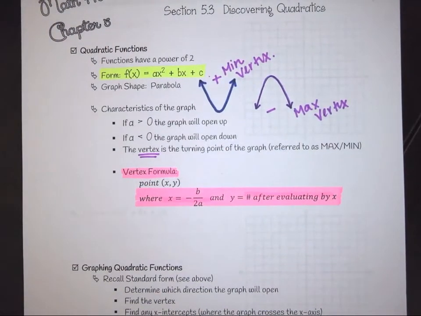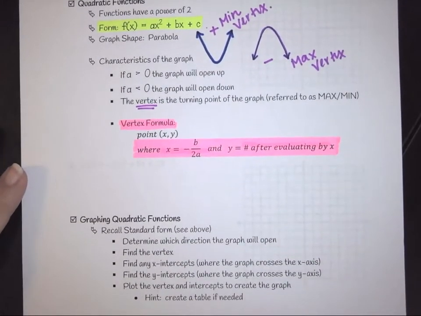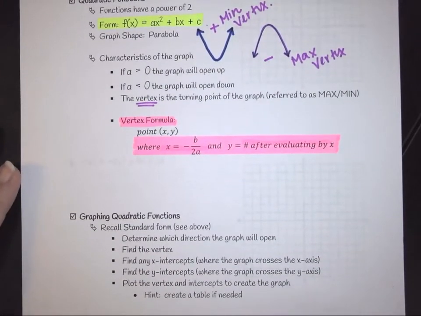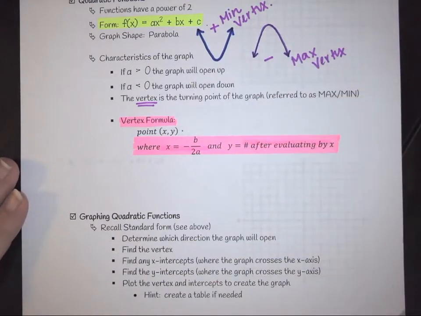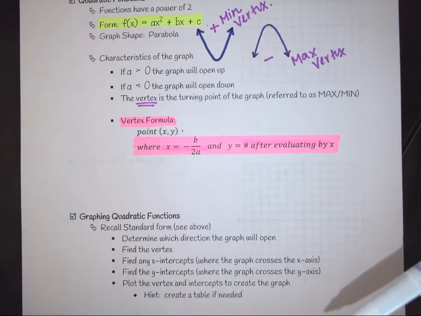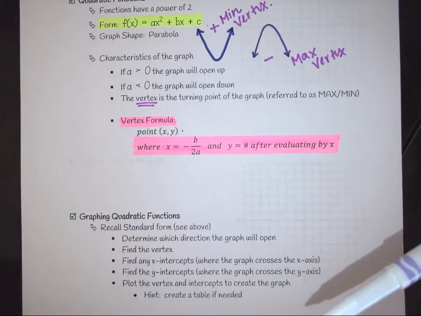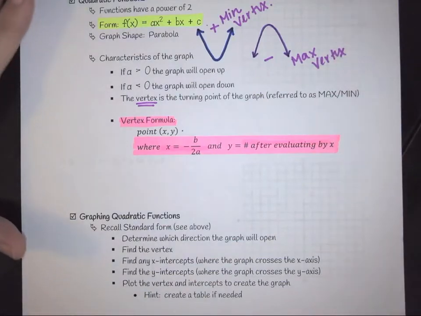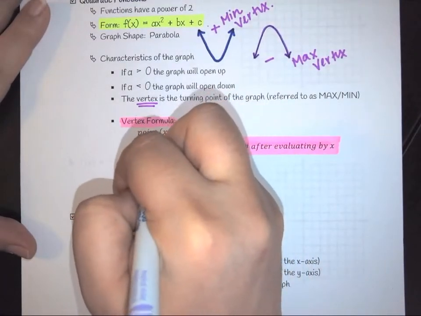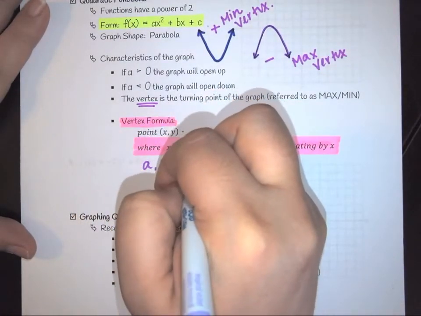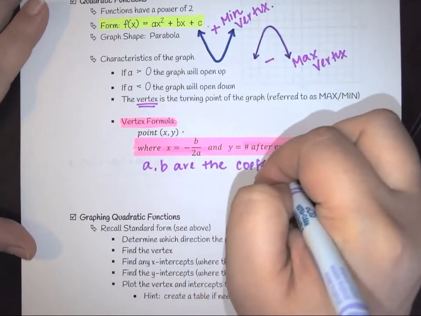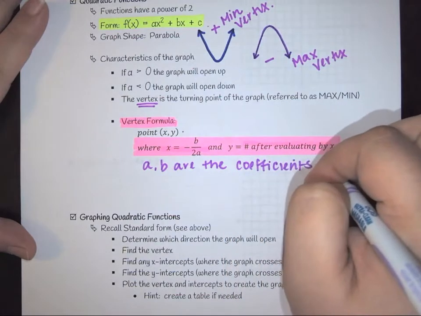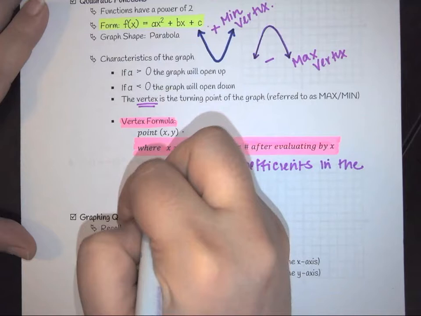Okay. Now with those, we also have what's called the vertex formula. And the vertex formula says that we're going to find a point, because your vertex is always a coordinate point. And in order to find the x value, you have to do negative b over 2a. Well, you're going to pull a and b out of standard form. So what you have to remember is that a and b are the coefficients in the quadratic equation.